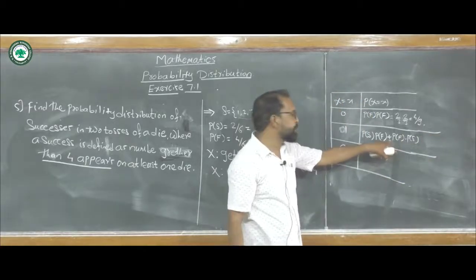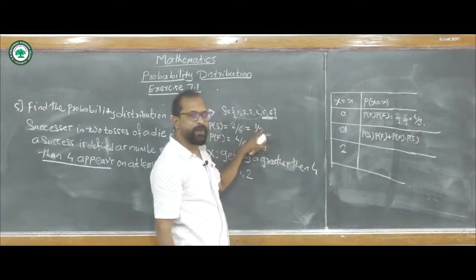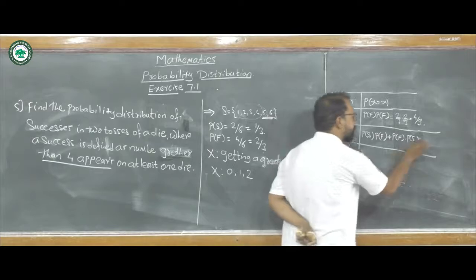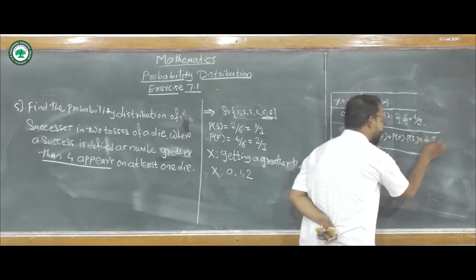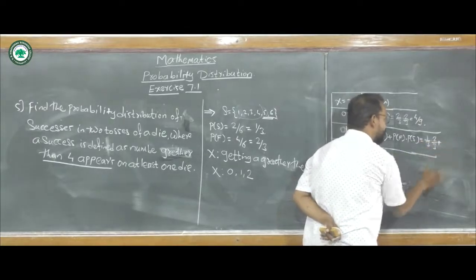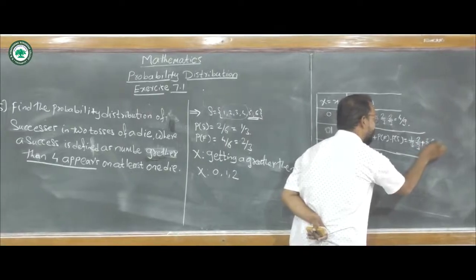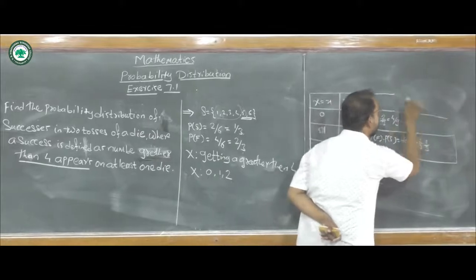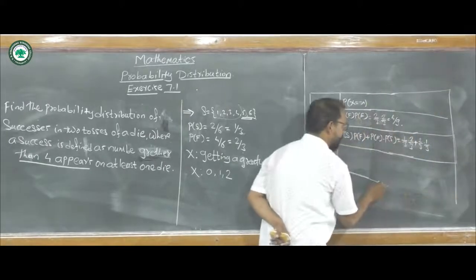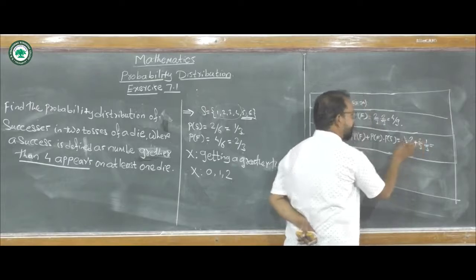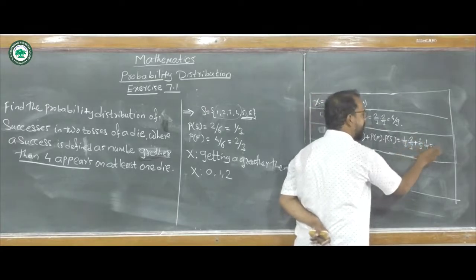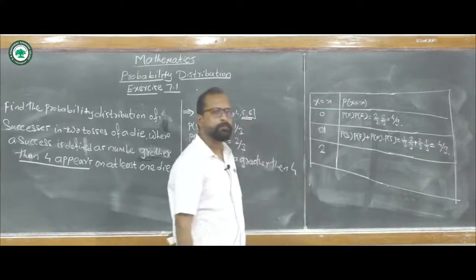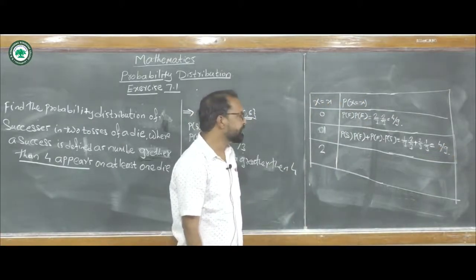Now putting the values of probability of success, 1 by 3, and probability of failure, 2 by 3, it becomes 1 by 3 into 2 by 3 plus 2 by 3 into 1 by 3. This is equal to 2 by 9 plus 2 by 9, that is 4 by 9.